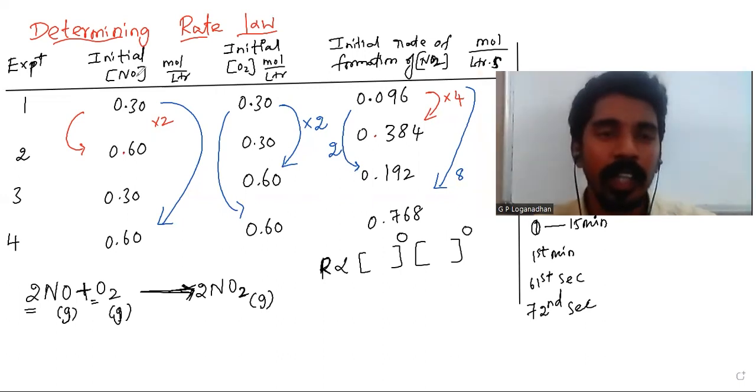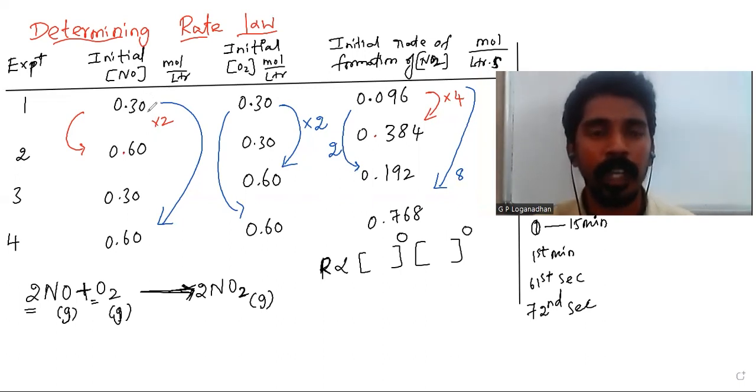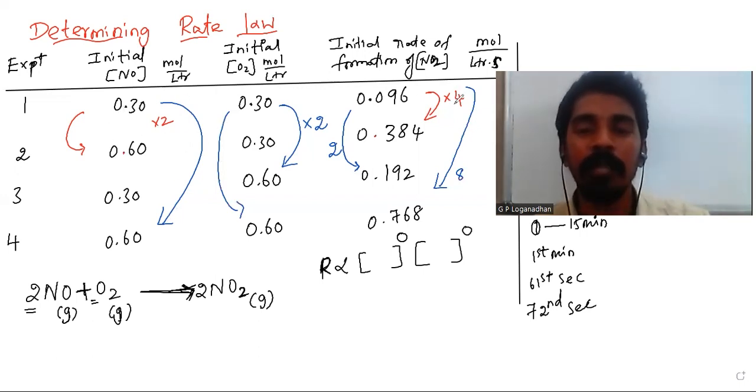See, when the concentration of NO is doubled, the rate of the reaction increases by 4 times.